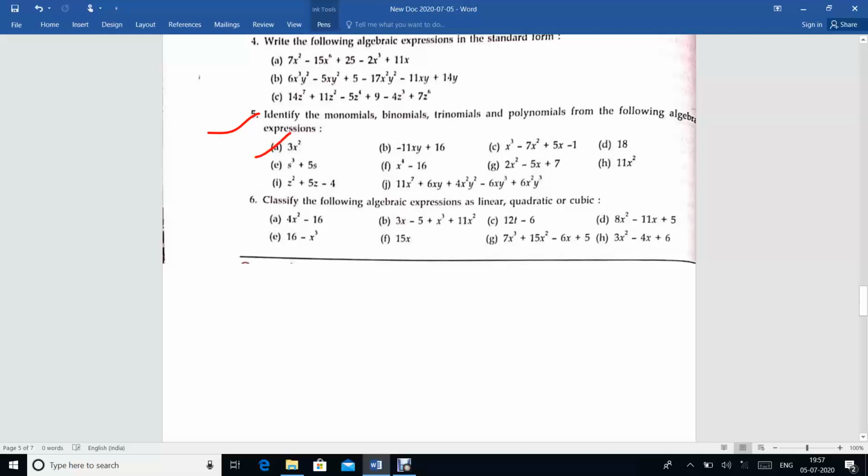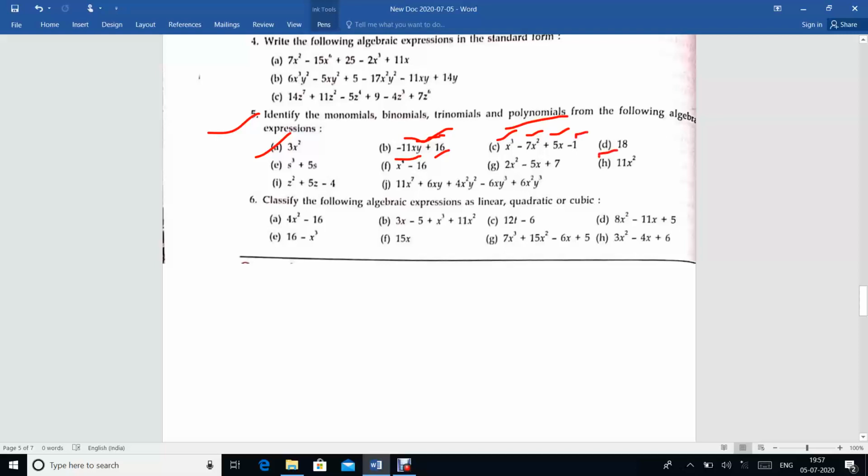First, it is containing only one term, so it is monomial. The B part is minus 11xy plus 16. 1 and 2. Here are two terms, so it is binomial. See, in the part C, 1, 2, 3, 4. Here are four terms, so it is polynomial.